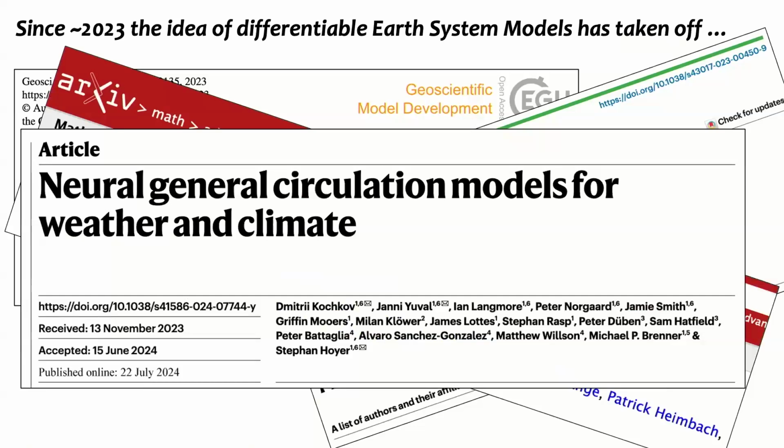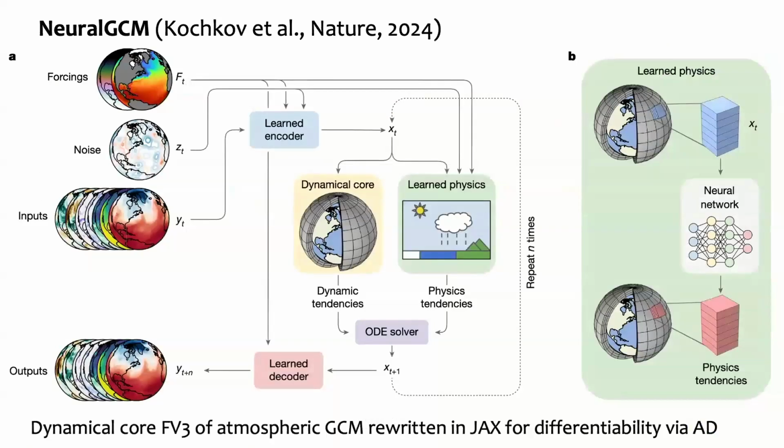And I would contend that for weather, yes, for climate, there's still work to do, but they've exactly implemented this idea of combining a dynamical core. They actually rewrote the dynamical core of GFDL's atmospheric model, the FV3 dynamical core, in JAX. That's the left part here, where you step through the dynamical core, but the physics parameterizations are now left to what they call the learned physics.